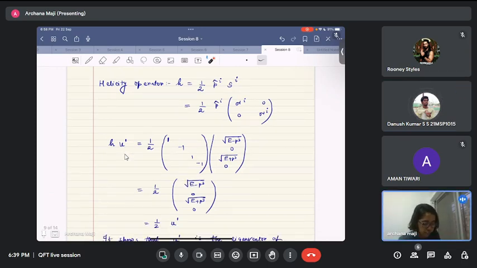Just to repeat once again: for a massive particle you can always go to a frame of reference, because it is not moving at the speed of light, so you can always boost and reverse the direction of momentum. But for a massless particle, which is moving at the speed of light, you cannot boost to a frame of reference moving faster than the speed of light.